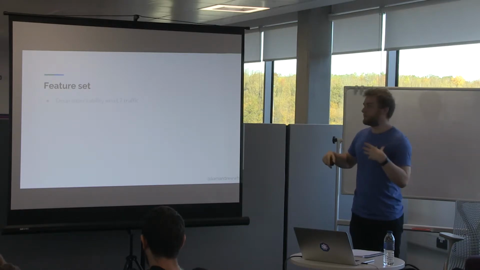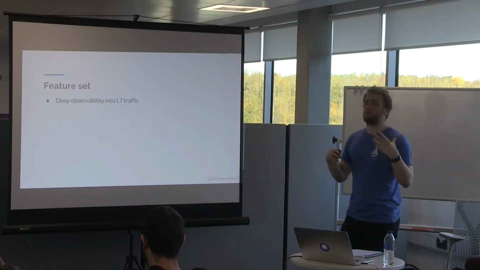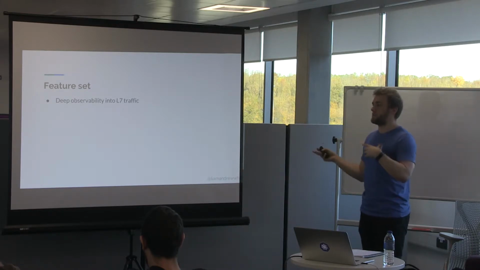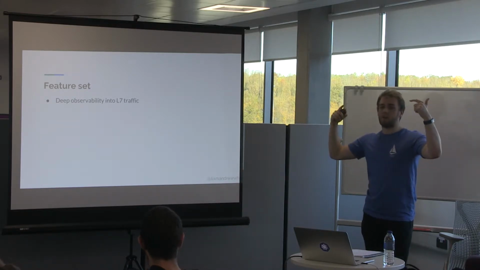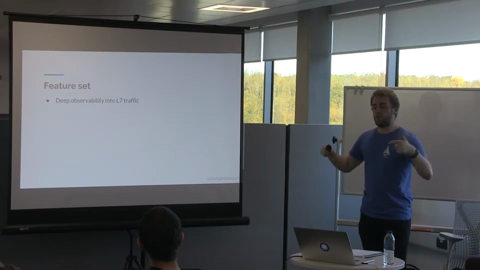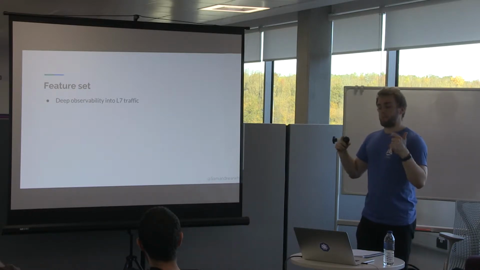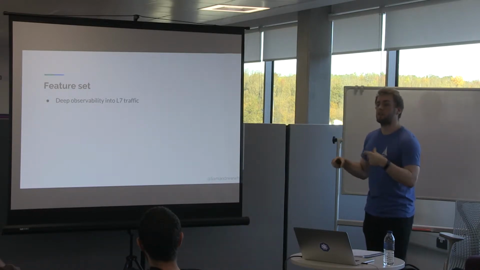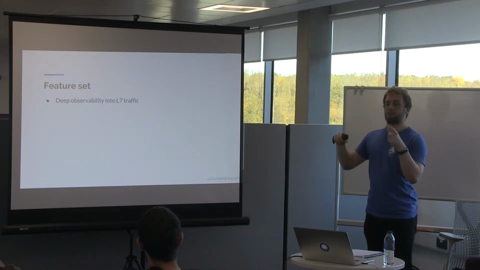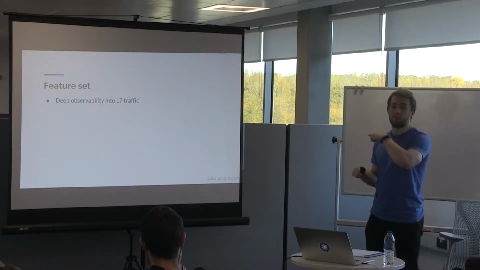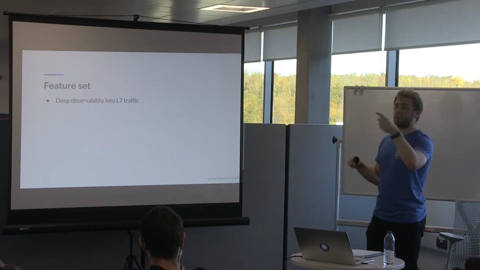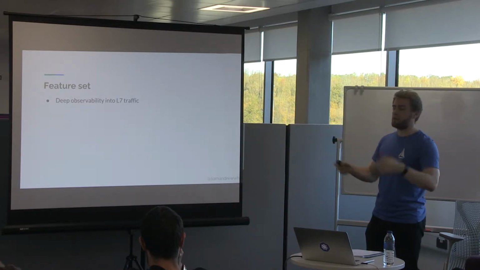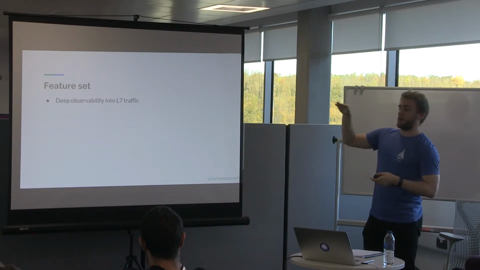It's all kind of centered around having deep observability into the layer 7 level of your networking traffic. So the idea is, by default, it will do TCP. If it understands the layer 7 protocol you're talking over TCP, then it will be able to read things. So for instance, HTTP2 is one of them, or HTTP1.